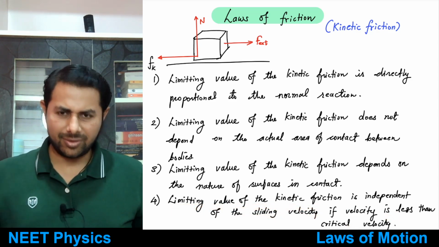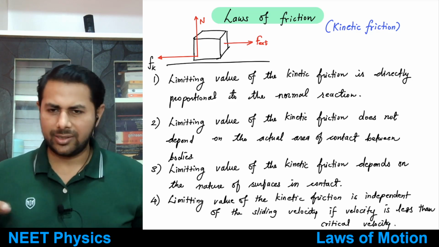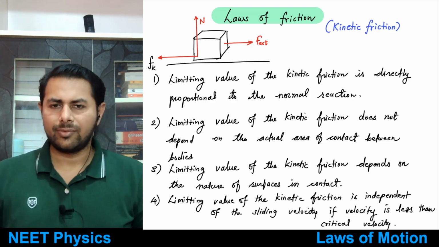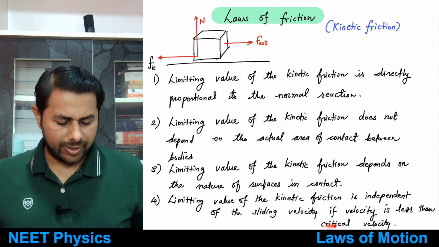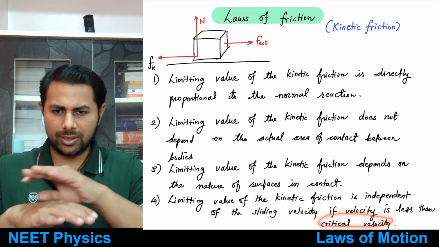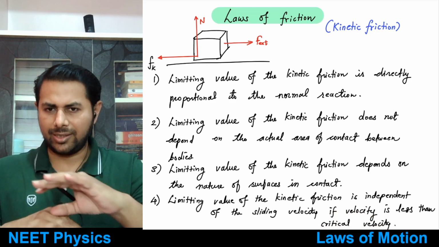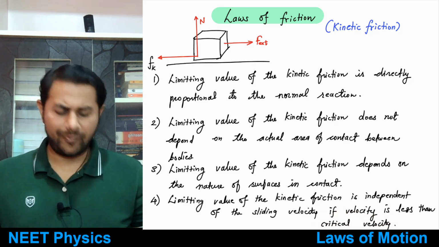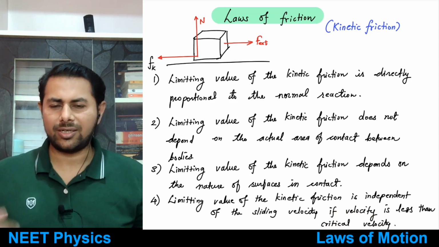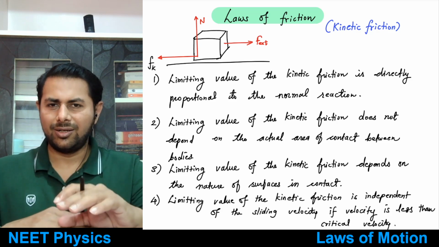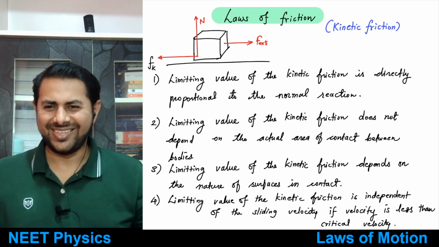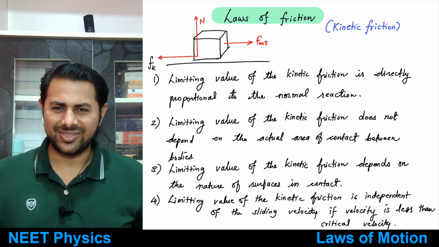Critical velocity is different for different bodies. But if one body is sliding over another with a velocity greater than the critical velocity, then you can say the body is not sliding, it is gliding, and the friction will be very less.